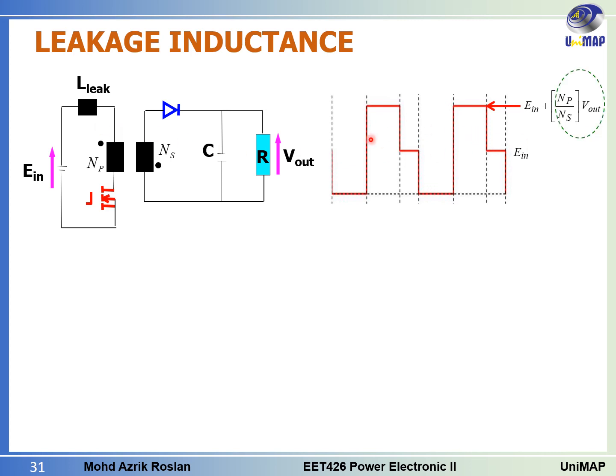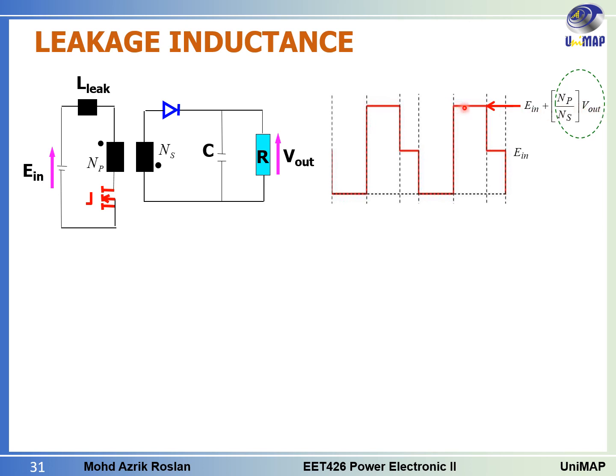You can see this is the voltage across the switch, the VDS. When the switch is turned on here, the value across the switch will be 0. And then when the switch is turned off, the voltage experienced by the switch will be E in plus NP over NS multiplied by V out.